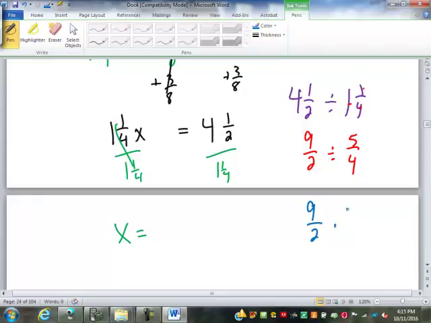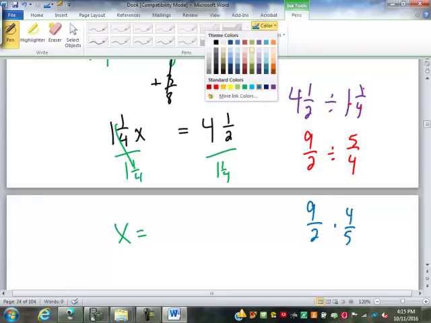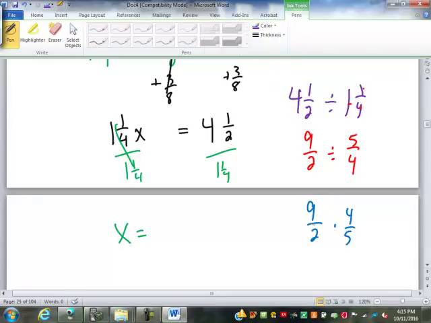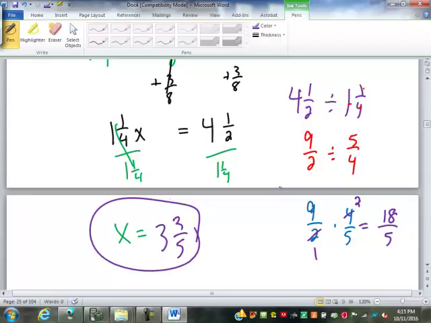So it becomes 9/2 times 4 over 5. 2 and 4 cross cancel, give me 1 and 2. 9 times 2 is 18. 1 times 5 is 5. So 3 3/5. Anybody get 3 3/5? Getting a few, getting a little better.